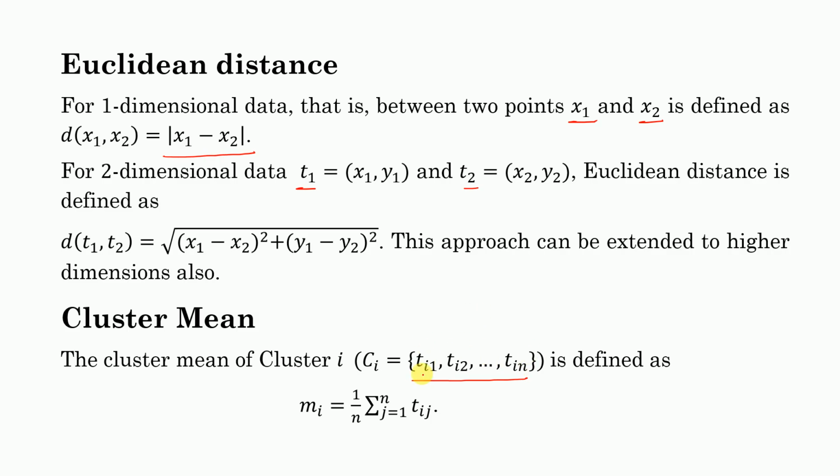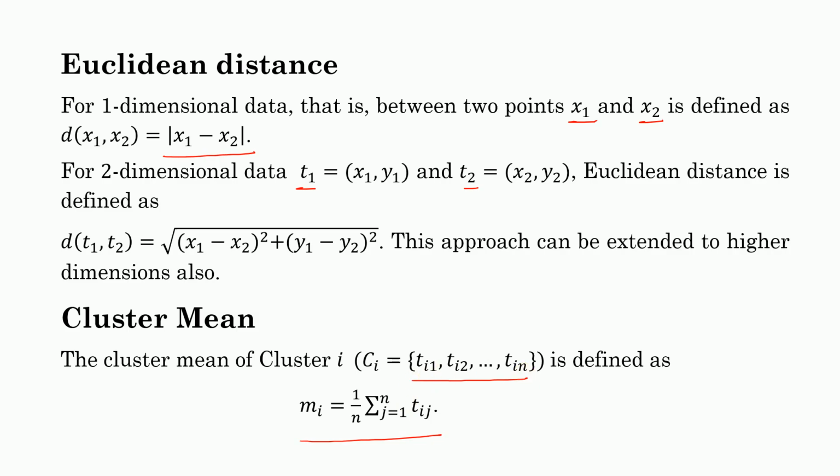Simply we calculate the mean of all these points, and the mean is mi equal to 1 by n, sigma j equal to 1 to n, Tij. So Tij is a point in cluster i. This is the mean of cluster Ci denoted by mi. N points are there, that's why we have divided by n.